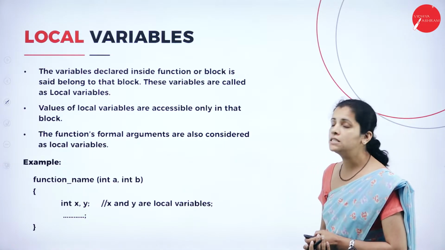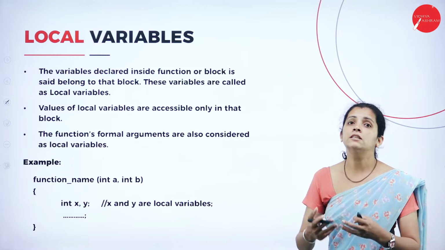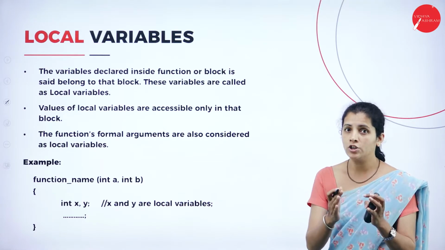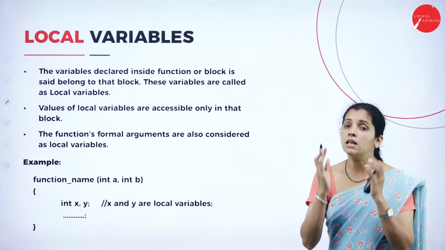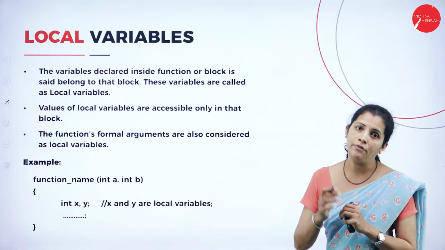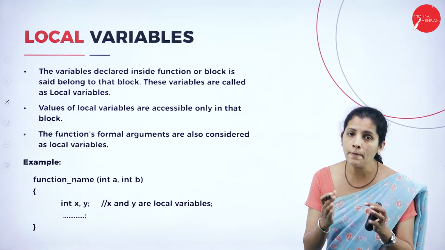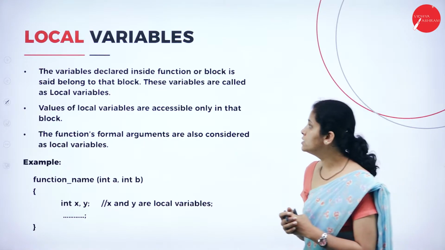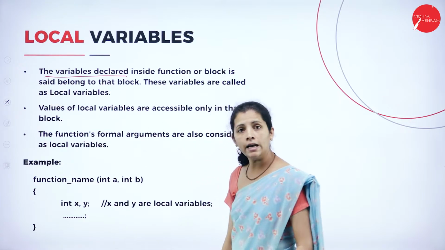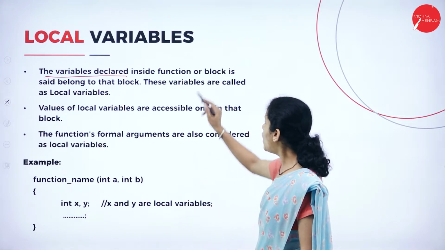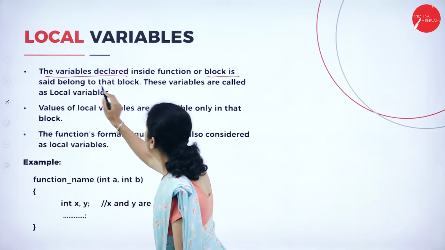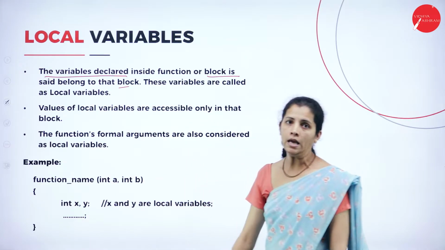The name itself indicates that it is local to the program or local to the function. That means the scope of a local variable is within the function or within the main program. So dear student, the variable which is declared inside the function or block is said to be a local variable.